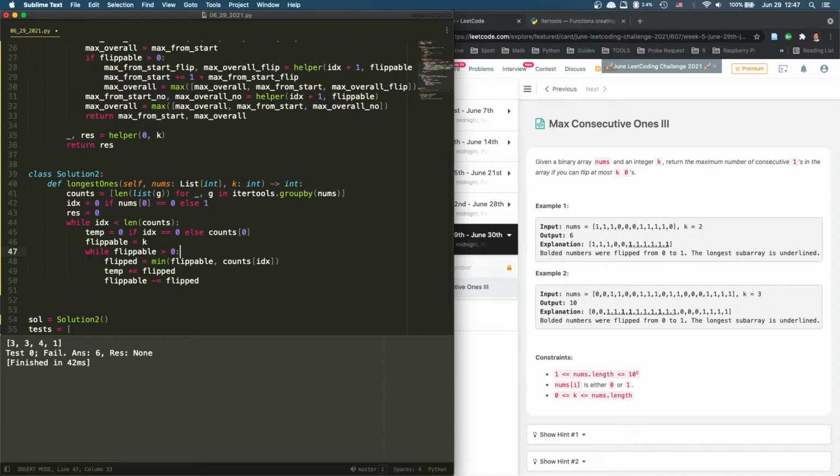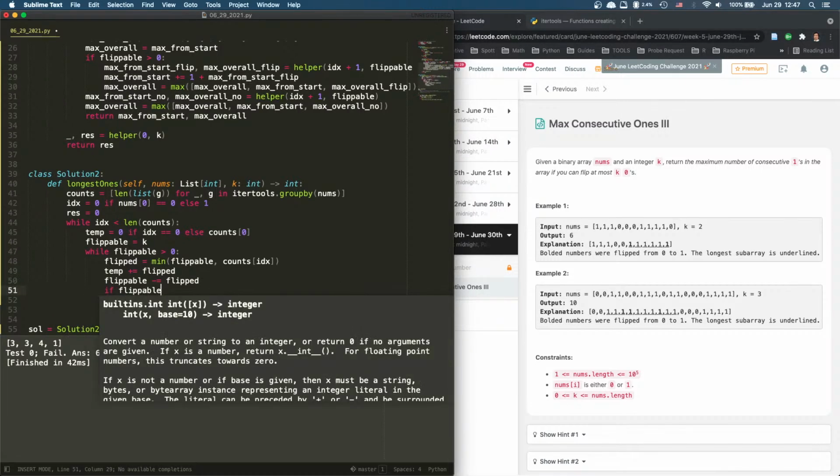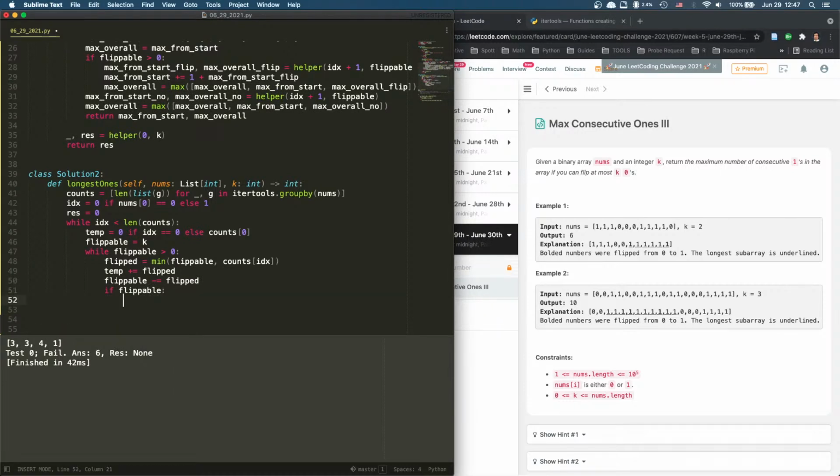If we still have flippable remaining, which means we can check it here, right?